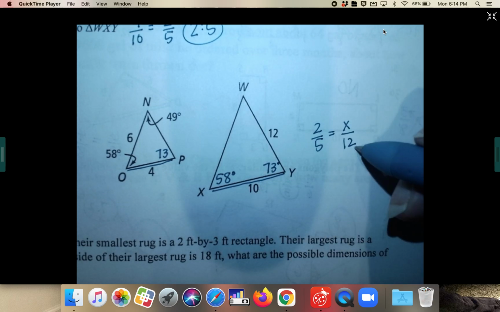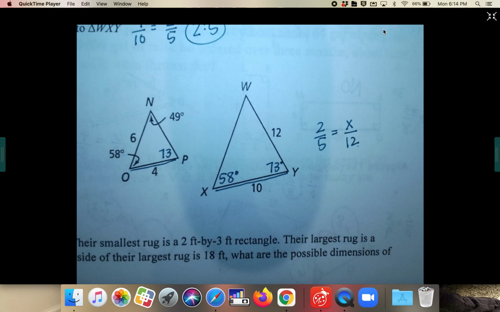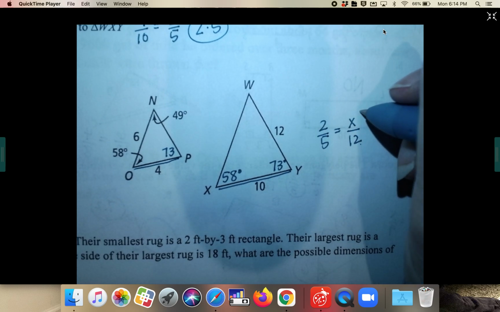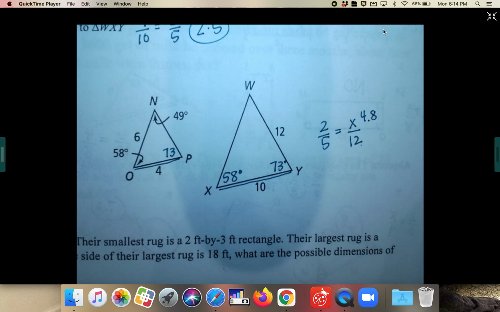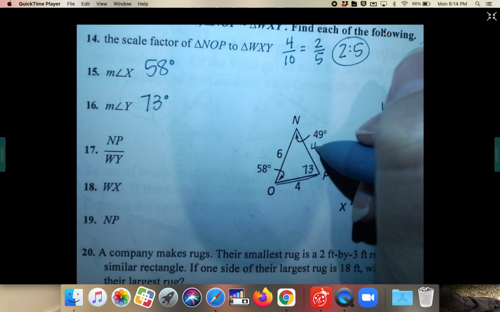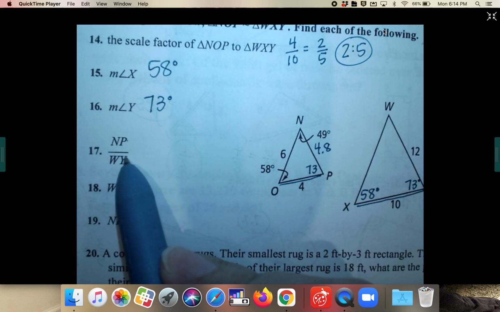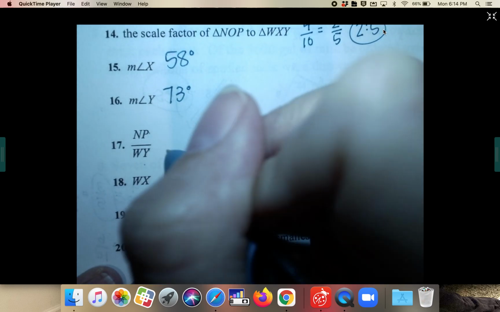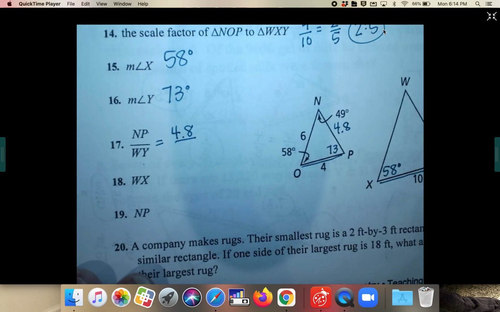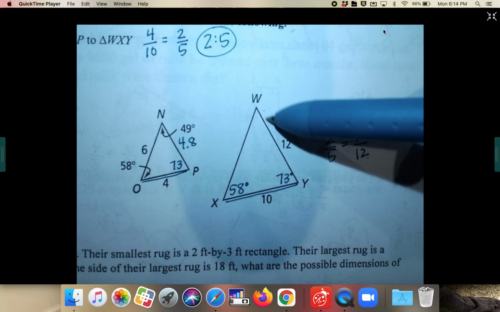So you can cross multiply and do the bat and the ball. 2 times 12 is 24. Divided by 5 is 4.8. So X is 4.8. And remember, X is what we were looking for, which was NP. And if it wants it NP over this, then we need to go ahead and put 4.8 over 12.